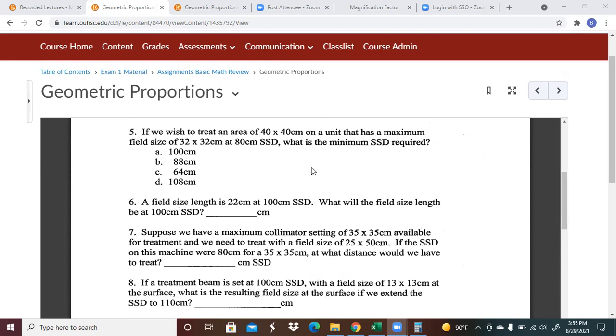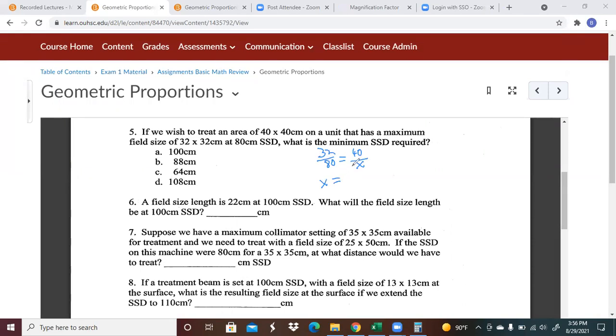And we know we have 32 at 80. So the question is, at what SSD do we find 40? So let's see. If I take the x, multiply by both sides, x comes over here.